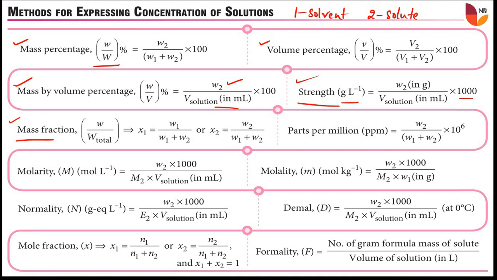It is similar to the mole fraction, but in mass fraction we use the weight of the components instead of the number of moles. So mass fraction of the first component is W1 divided by W1 plus W2, and mass fraction of the second component is W2 divided by W1 plus W2. This is applicable to binary solutions.